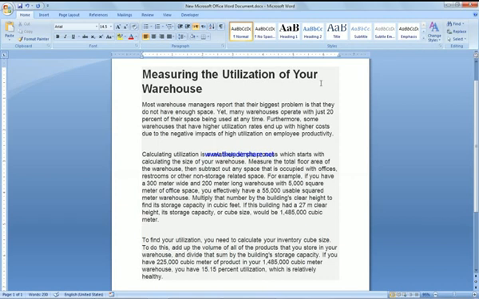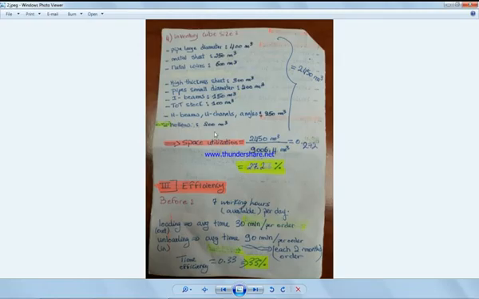Once you divide this value by the denominator, you get the percentage utilization of the warehouse. If we consider an example, as we said, the total capacity usage we have is 2,450 cubic meter, of all the products we have in the warehouse.